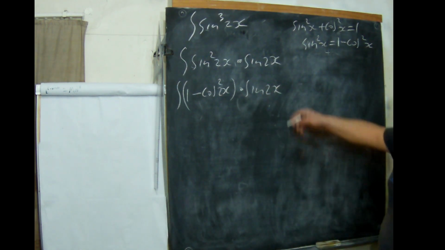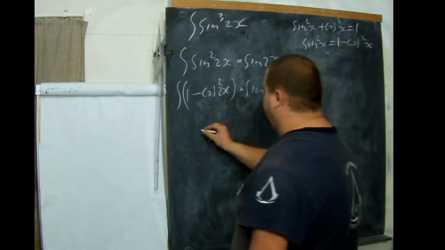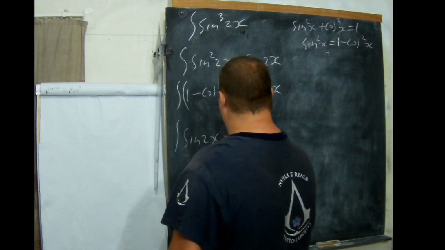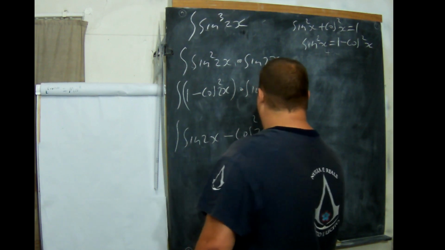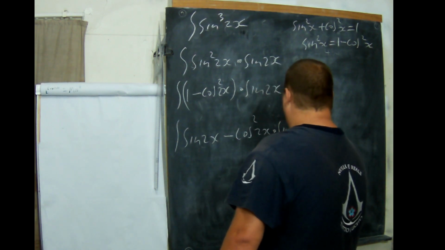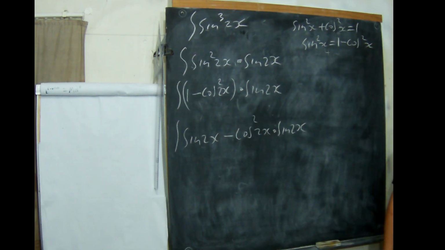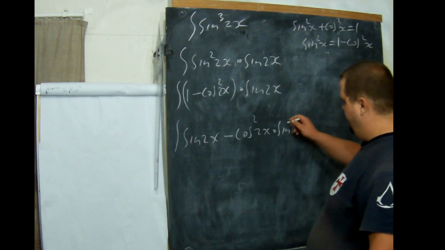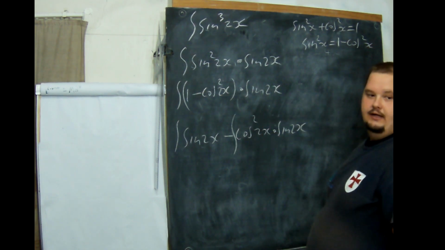Now what we need to do is multiply the sine 2x in here. So we get sine 2x minus cos squared 2x multiplied by sine 2x. Now we can finally integrate.